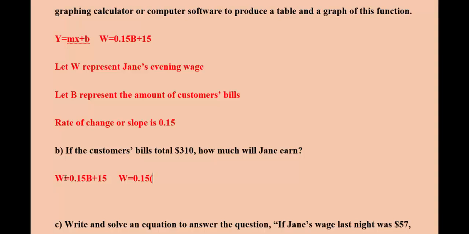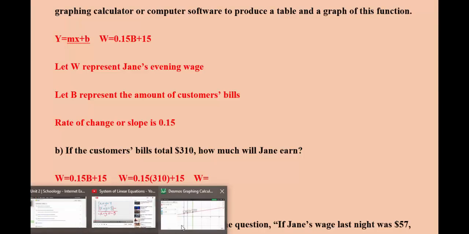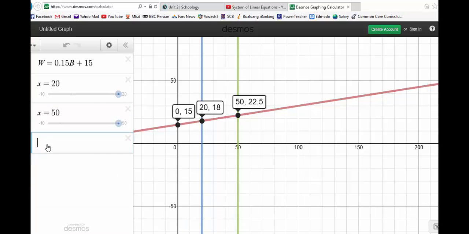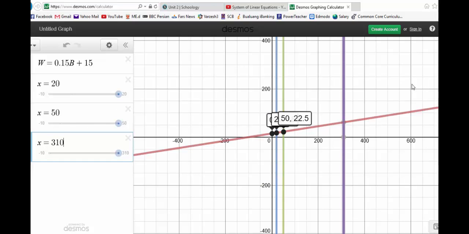We input 310 instead of x, plus 15. We can go to our graphing calculator, and here I say x equals 310 and zoom out until I see 310.